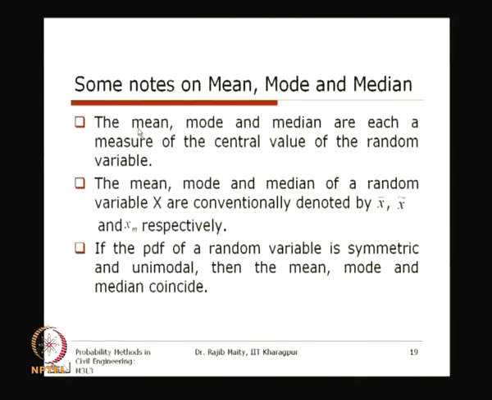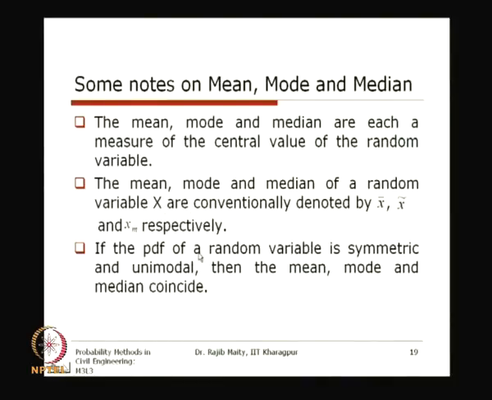The mean, mode and median are each a measure of central value of the random variable. They are conventionally denoted by x bar, which is the mean, x tilde, which is the mode, and xm, the median of that random variable x.